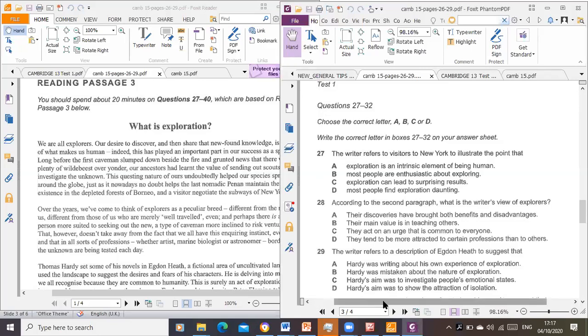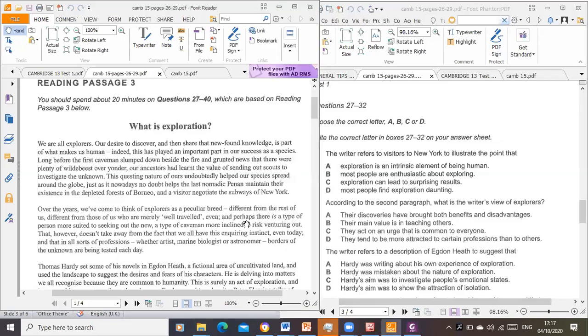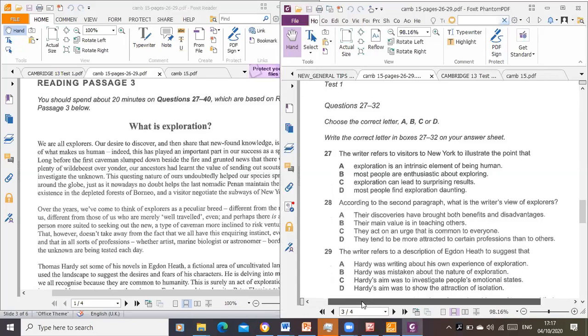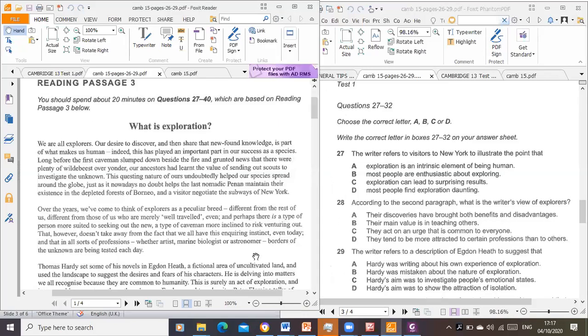So I'm looking at Cambridge IELTS 15. This is test 1 and this is passage 3. The passage is all about what is exploration. Okay, bear with me.